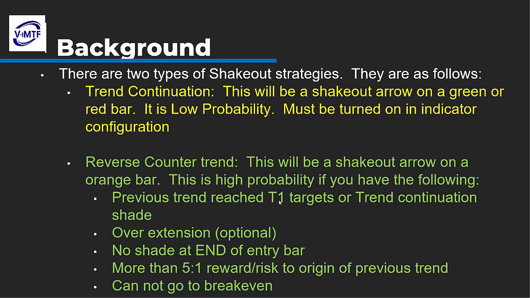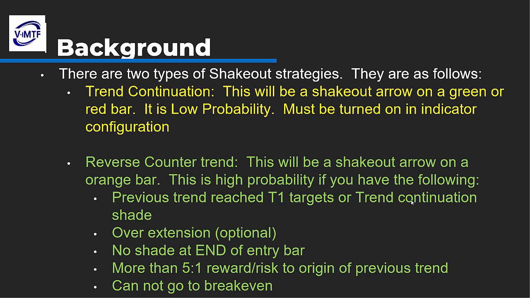If it's reached the blue crosses, at it or gone past it, that's ideal because it means it's now ready to reverse. If you don't have it at the target, what you want to do is make sure that the trend that you're in now, let's say it's a green shade, if you look backwards, the previous shade was green too.